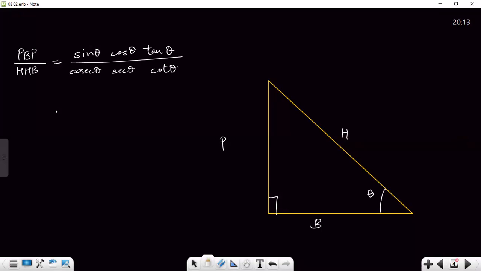Sine theta can be written as P by H. So P by H is sine theta. B by H is cos theta. And P by B is tan theta.